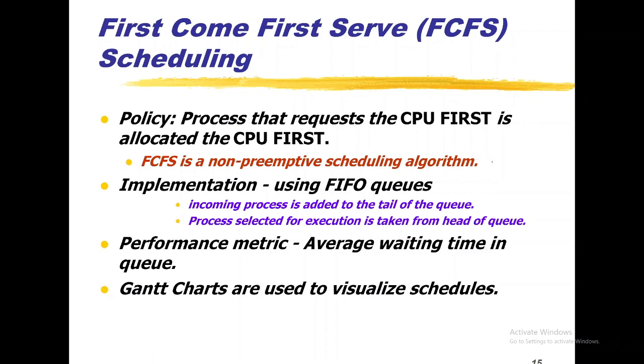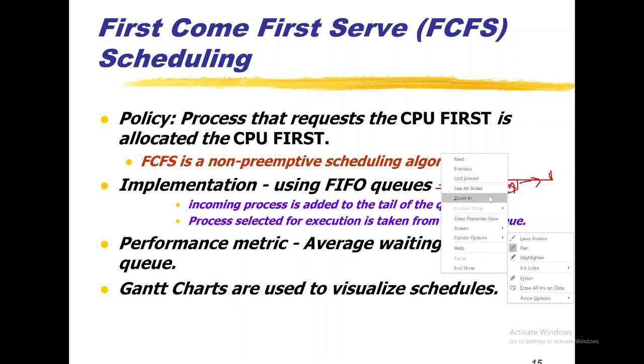Now we have our FIFO queue like this, with the different processes. Let me say this is process A, then we have process B. Process A is first picked by the CPU before process B and process C. That's how it's done.